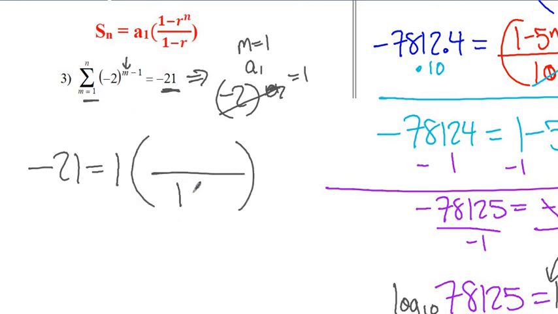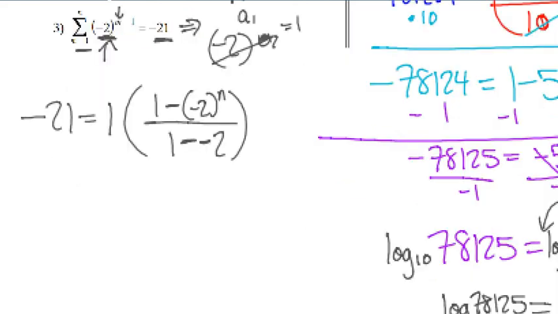We have 1 minus, remember that this number right here, that's the r value, that's the common ratio. So 1 minus r is 1 minus -2, and on the top 1 minus parentheses -2 to the n. Why am I putting parentheses? Because otherwise we are likely to get confused on the order of operations here. I need to first take -2 and raise it to the n, and only then subtract it from this 1.